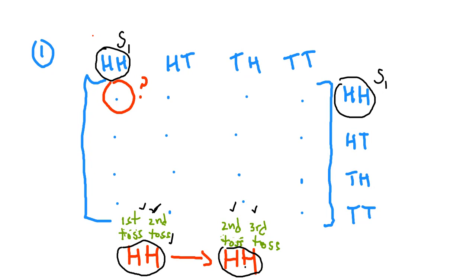So now your most recent tosses are the second toss a head, third toss a head. And we want to know, is this transition possible? And if it is possible, with what probability? To go from the first toss being a head, second toss being a head, to the second toss being a head and the third toss being a head, what has to happen?